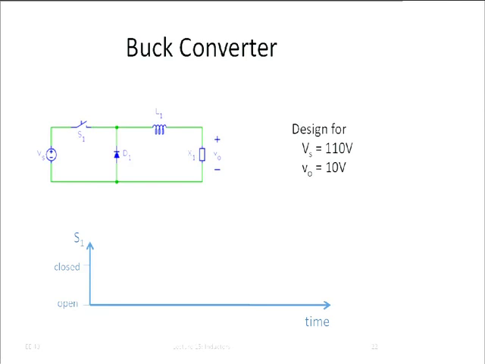How did you do that? Exactly. We simply need to control how long we close the switch and how long then we leave it open. By changing that ratio, we can set the output voltage. That's, of course, very convenient because then we can easily adjust that.